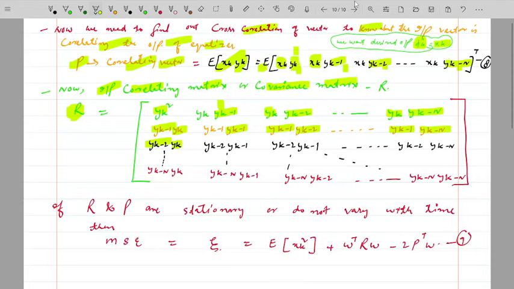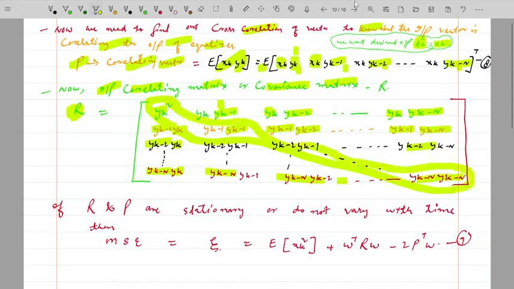So y of k minus 2 is multiplied with the whole y of k vector, and so on up to y of k minus n multiplied with the whole y of k vector, basically of all these delayed components, and then this matrix will be created. This is the covariance matrix, and the diagonal part has the information of the main transmitted signal.